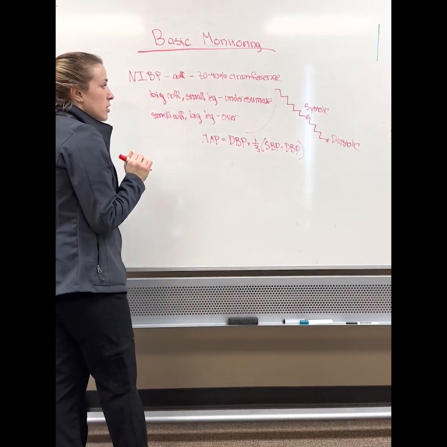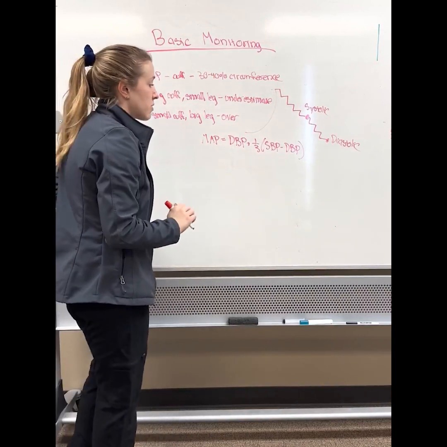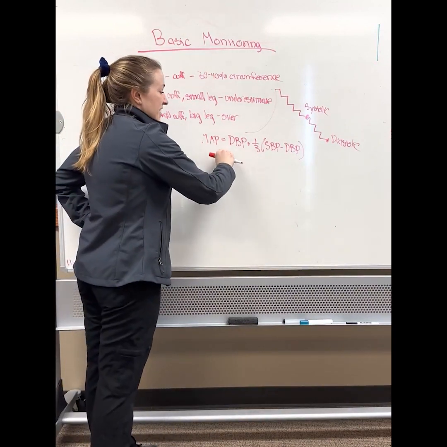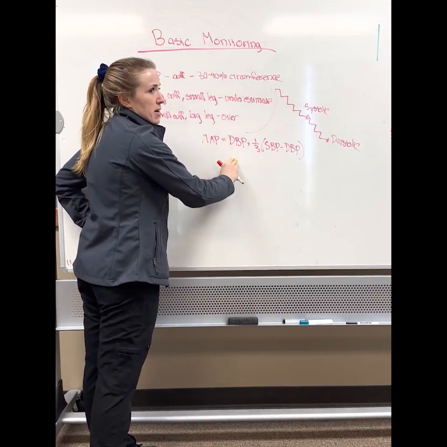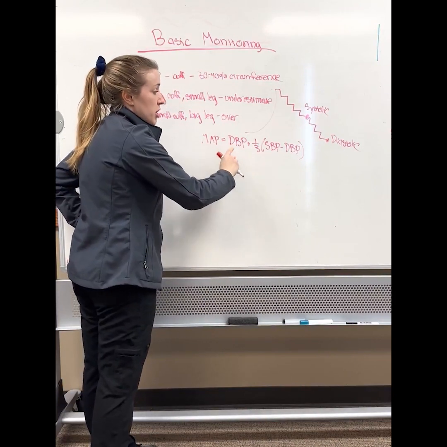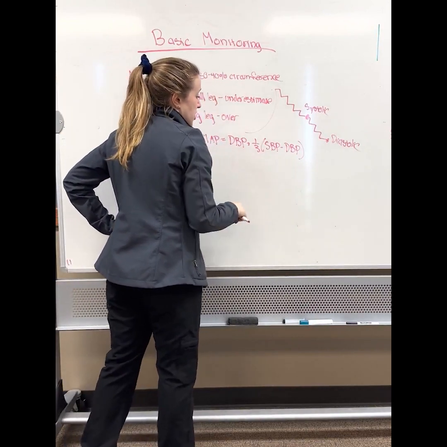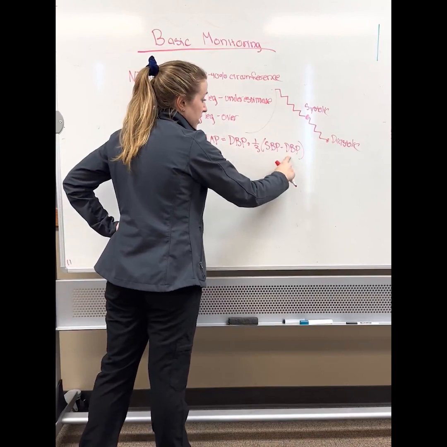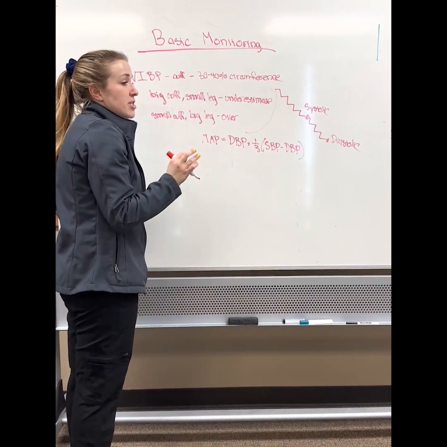Another thing I want to point out is that even if you don't memorize this equation, what I want you to know is this. Diastole, the resting phase after contraction, is incredibly important for determining blood pressure. You can see that diastole shows up in this equation 2 times, here and here. The heart spends 2/3 of its time in diastole.